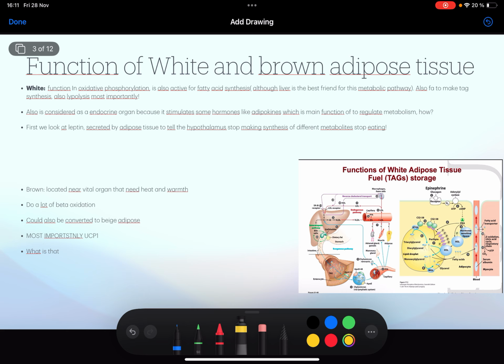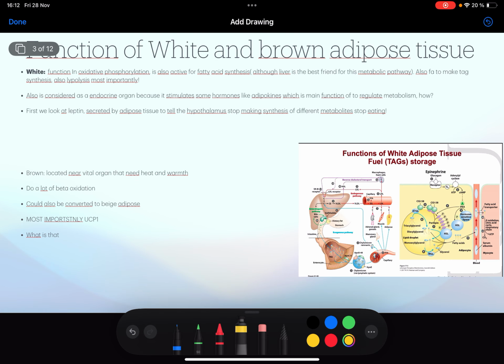The first hormone is called leptin, and this leptin is secreted by adipose tissue to tell the hypothalamus to stop making synthesis of different metabolites. In other words, it's a hormone that tells the hypothalamus to stop eating. We are full, we don't want to eat more, don't consume more food. We will look through more about leptin in detail later on.